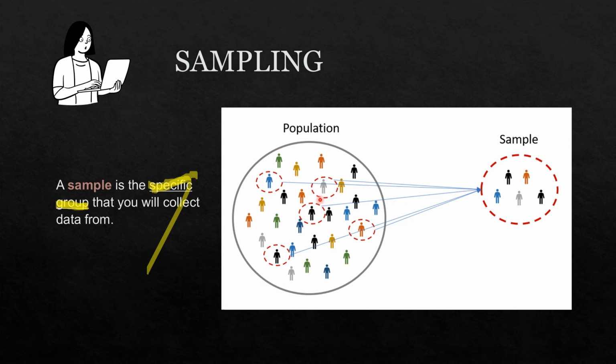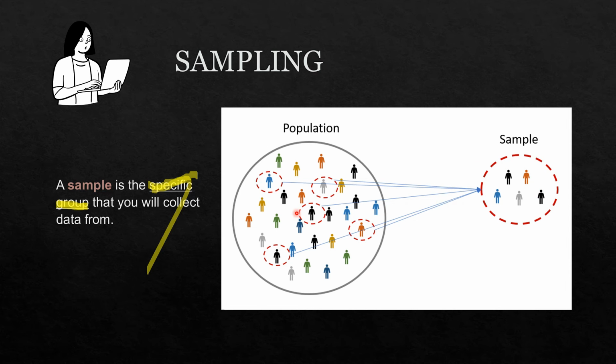The characteristics that are in the population need to be in the sample as well, in order for the sample to represent the entire population.